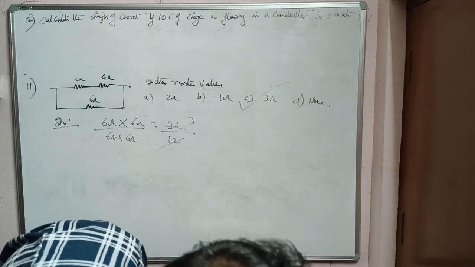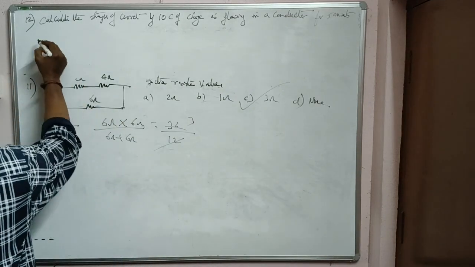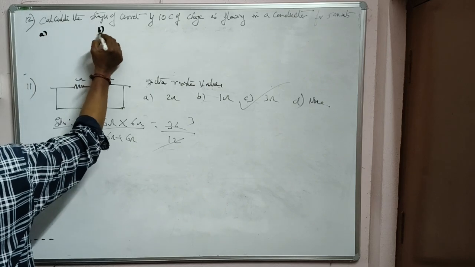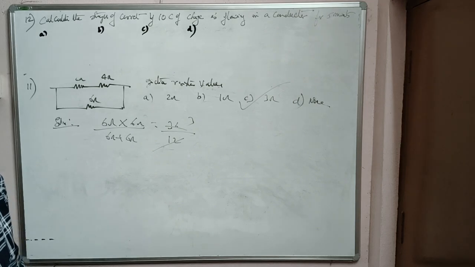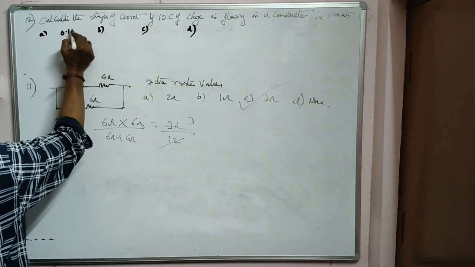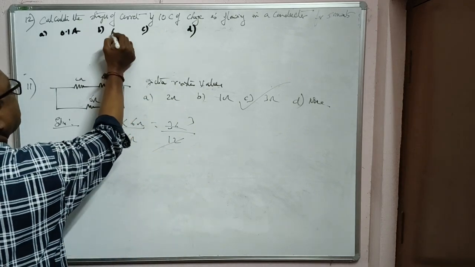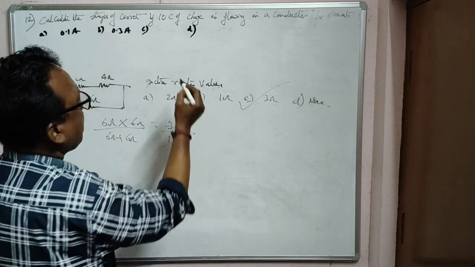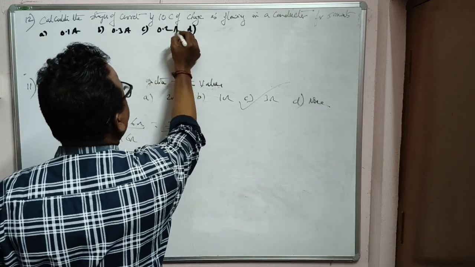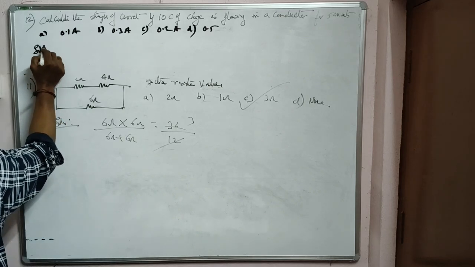He has given the choices as A, B, C, D: 0.1, 0.3 amperes, 0.2 and 0.5. So the solution is very easy here.